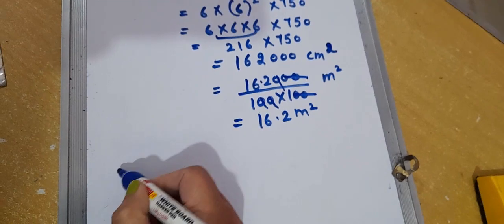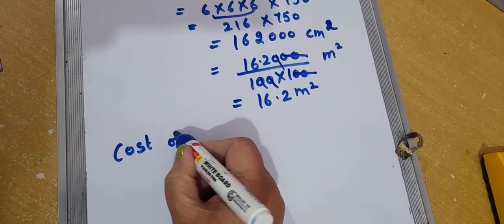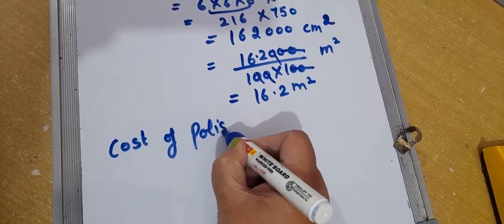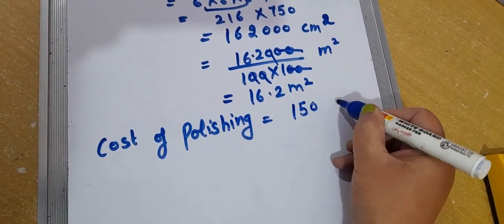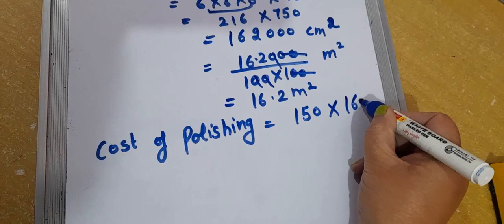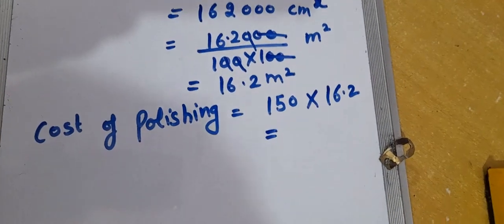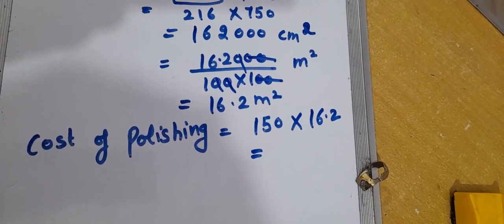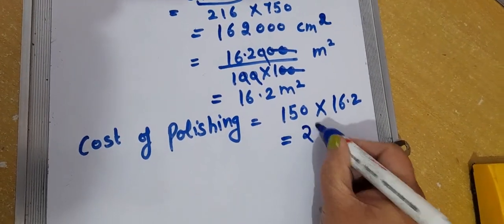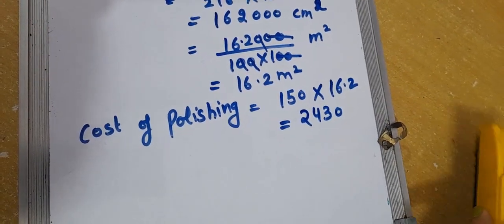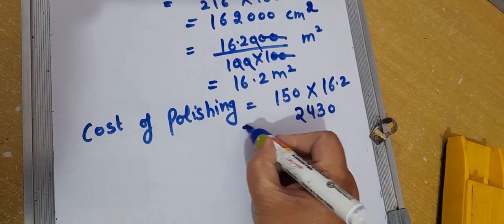Now find the cost. So cost of polishing is 150 rupees per square meter. So 150 into 16.2, multiply it. You get 2430 rupees. This is your answer.